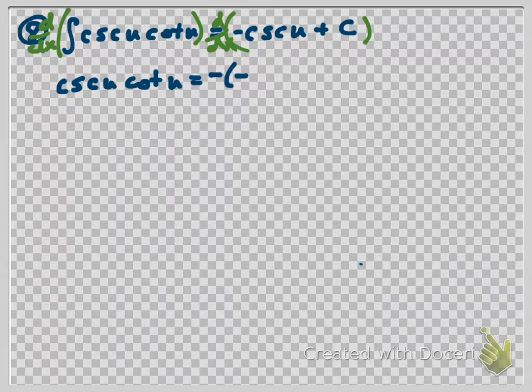It's negative because that was the negative that came with it, right? So that was the constant I pulled out, but then the derivative itself is negative. How should I have known that before I looked at my derivative sheet? All the co-functions' derivatives are negative. That's right. All the co-functions' derivatives are all negative, okay? So this is negative cosecant u, cotangent u, which verifies our formula.